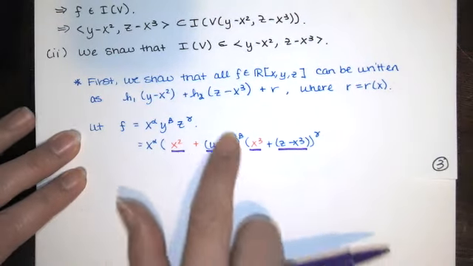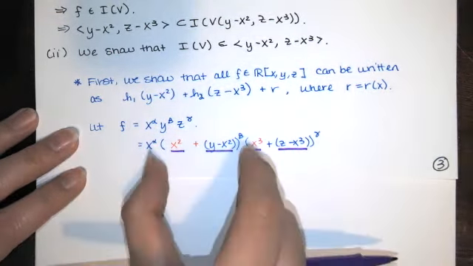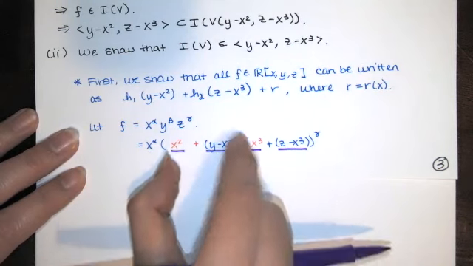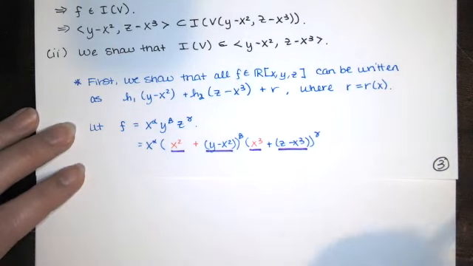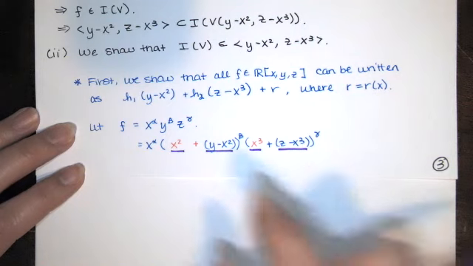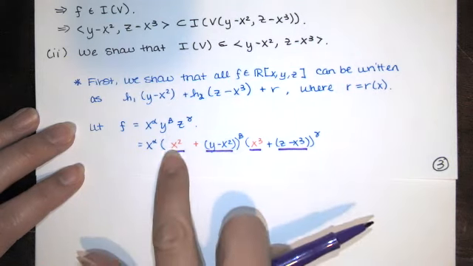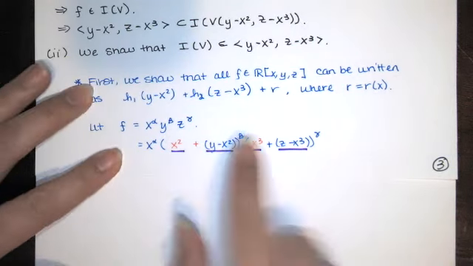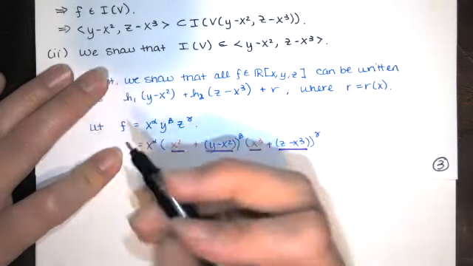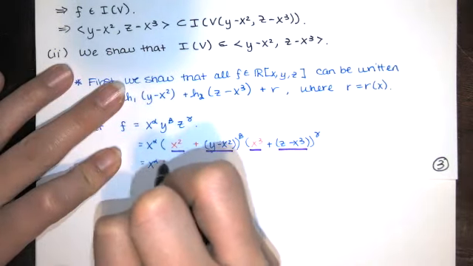So if we were to actually sort of FOIL this out, if we were to write this beta times and then distribute, the first term would be x squared to the beta, which simplifies to x to the 2 beta.